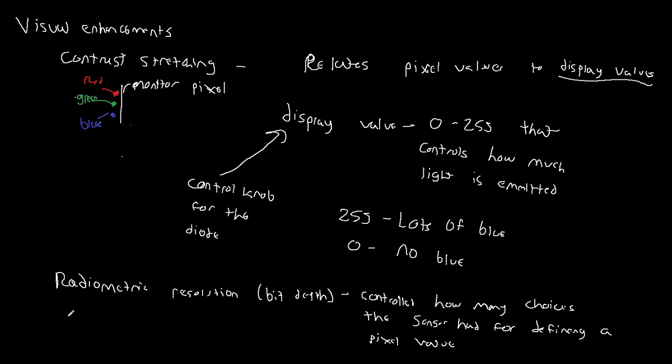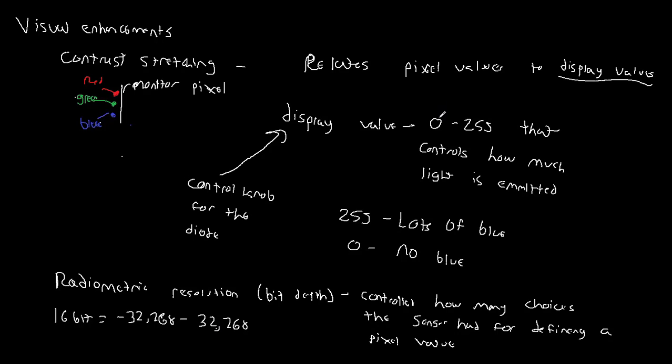If you have 16-bit imagery, that is negative 32,768 to positive 32,768. So this is the full range of possible pixel values that a 16-bit image, like our Landsat image, could take.